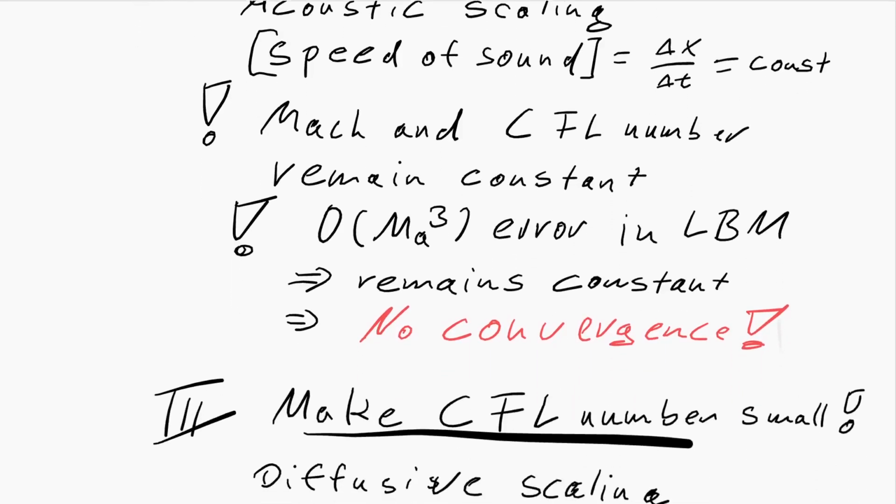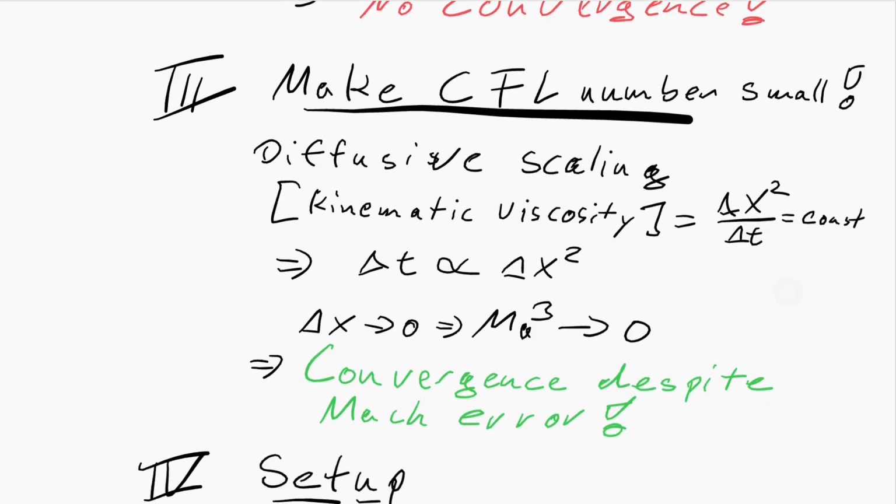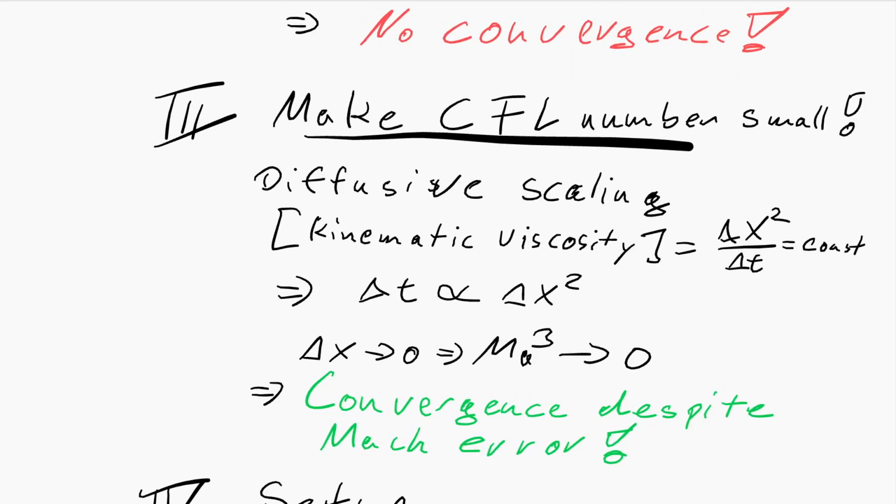So now we know that we have to scale this in a different way. What we have to do is make the CFL number, and with this the Mach number, smaller, and this is done by diffusive scaling, where we take the unit of the kinematic viscosity, delta x squared by delta t, and take this as a constant. If we take this as a constant, we see that delta t must be proportional to delta x squared.